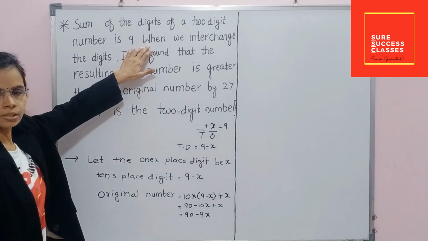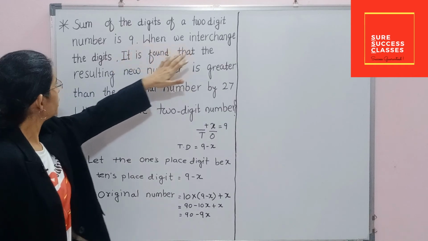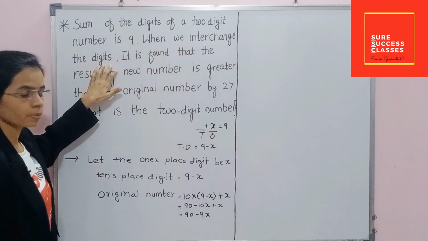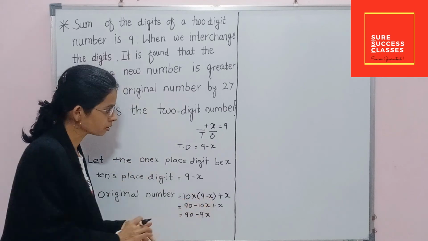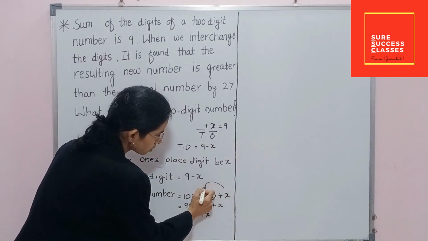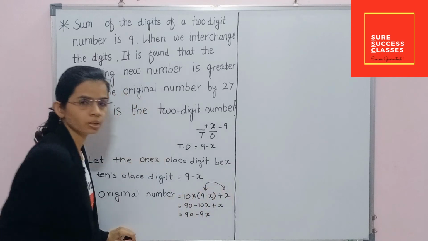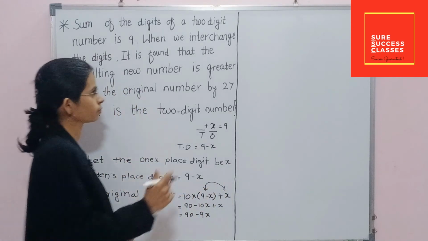Then the next statement is, when we interchange the digits, means here we have to interchange these digits, so we will get a new number.